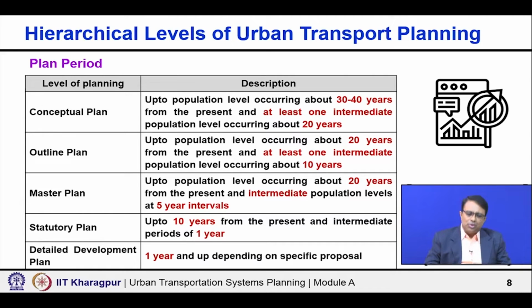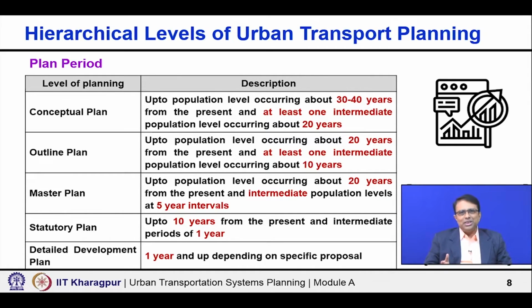When we come to the outline plan, we are considering up to population level occurring about 20 years from the present, and at least one intermediate population level occurring in about 10 years. So, conceptual plan we consider 30 to 40 years and intermediate one in about 20 years.